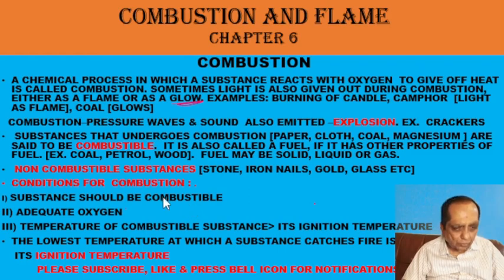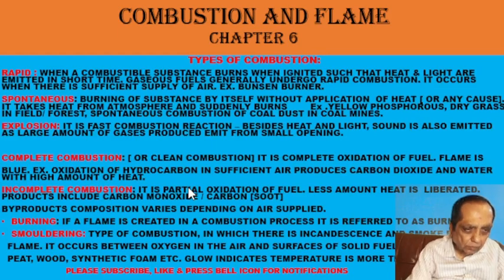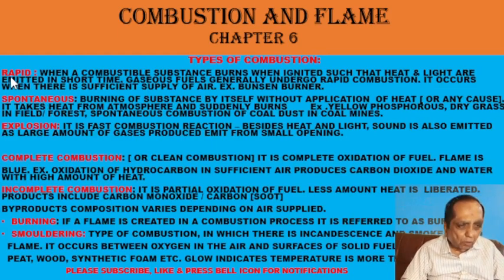Okay, so this is about combustion. Now we will learn types of combustion. Now the combustion types, first category is rapid. Rapid means the combustible substance will burn in a very short period of time when you ignite it. As soon as you ignite it, it will start burning within a very short period of time.